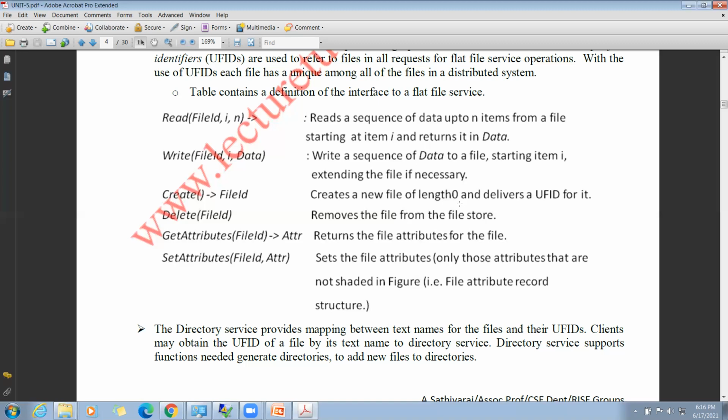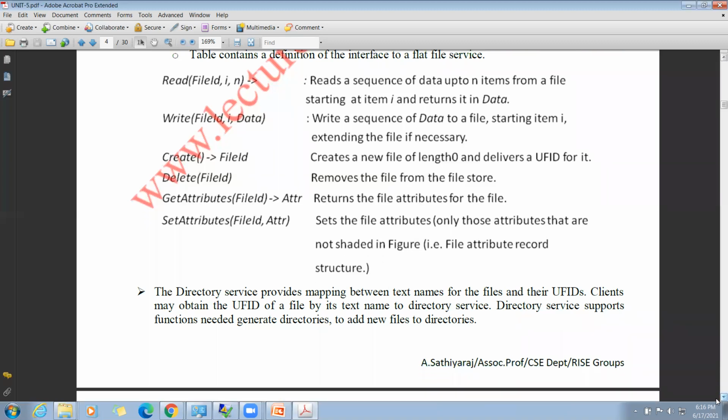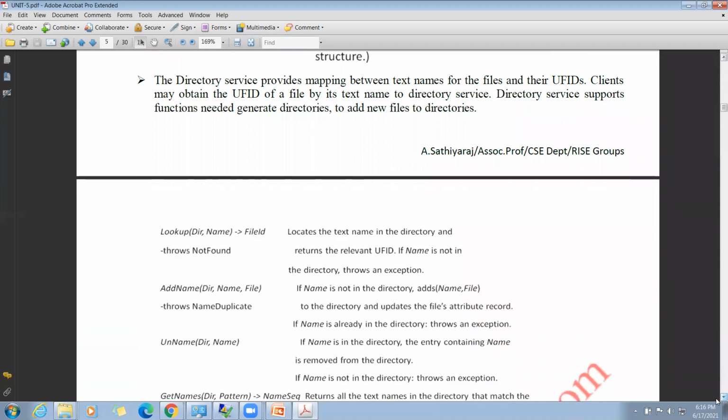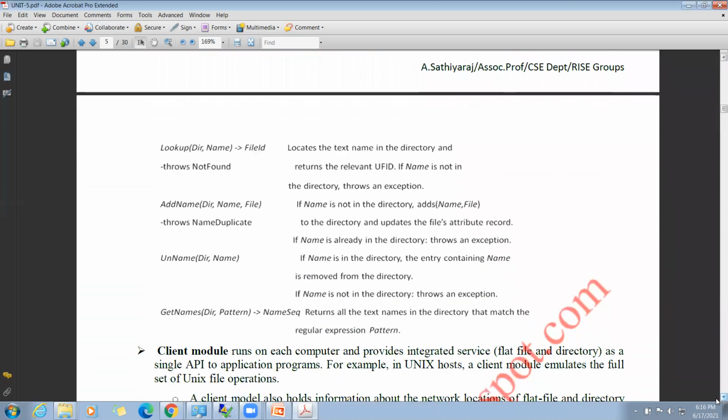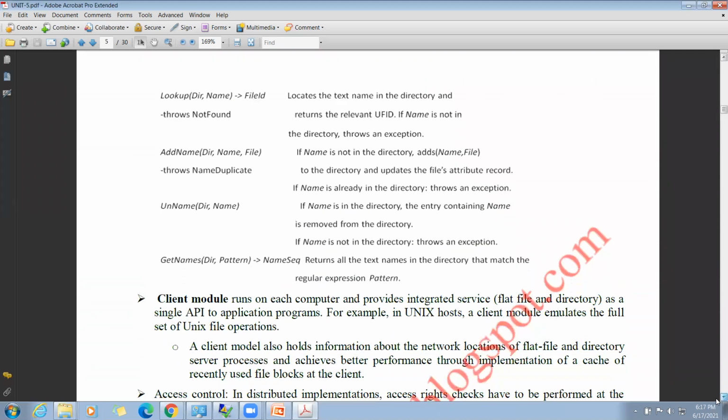Set attributes sets some of the file attributes, only those attributes that are not shared in the previous figure. These are the different types of flat file services, and we have some different services. You can look into that.